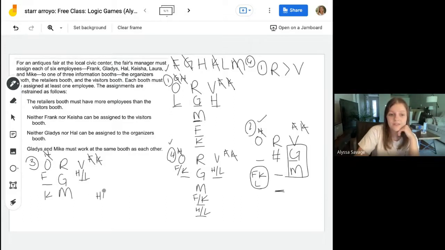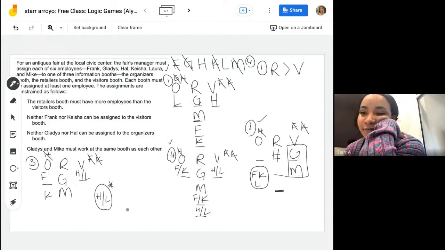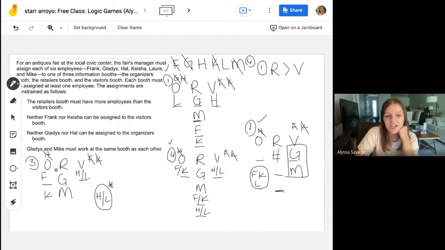The other one is kind of a floater with an asterisk, meaning that H can't go into O. So the only places that H could go are R and V. And L is still a free for all. So technically L still has O as an option. But H is like asterisk. It's either in V or it's in R. We don't really know.